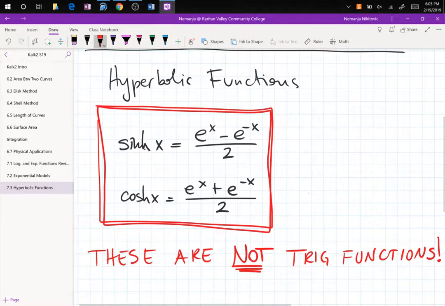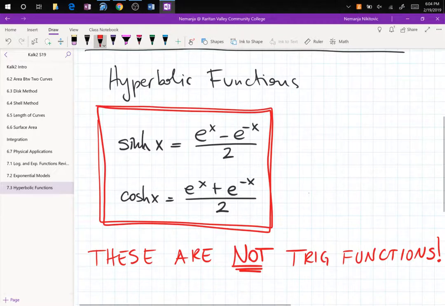Trig functions are periodic. They repeat, all 6 of them. These guys, they don't repeat. So, just right there, we are done with distinguishing these functions from trig functions. So hyperbolic functions are nothing like trig functions.